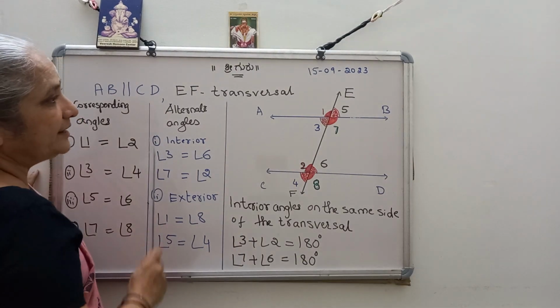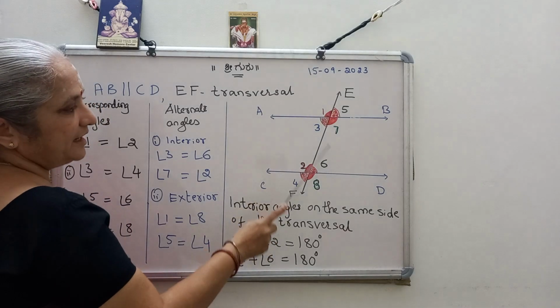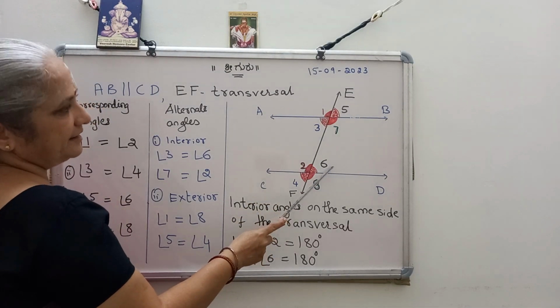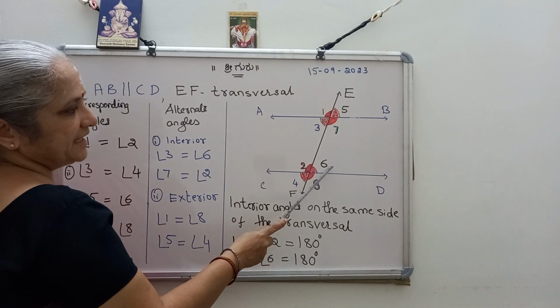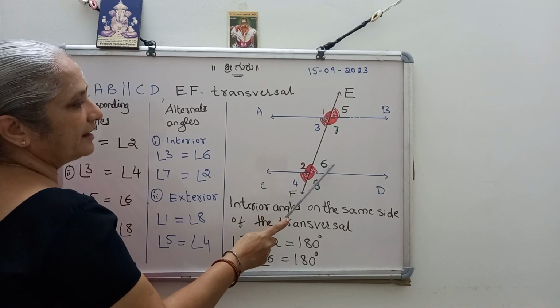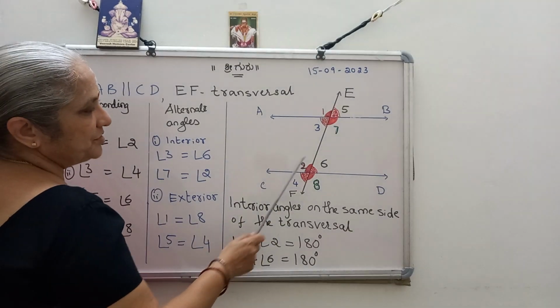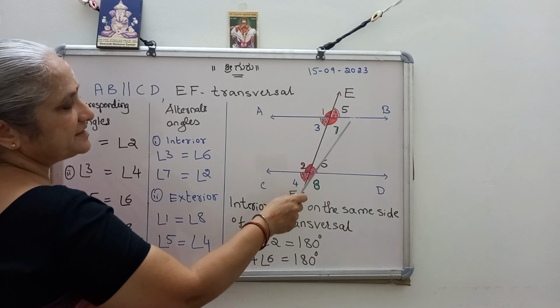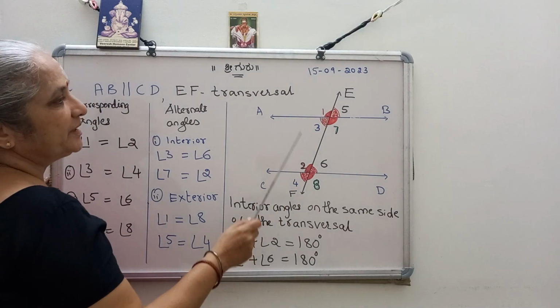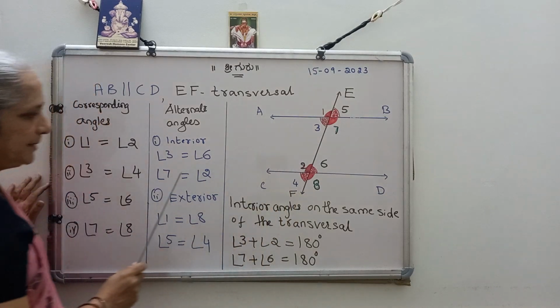And what about alternate angles? Angle 3 and angle 6 are alternate angles. They are also called interior alternate angles and they are equal. Angle 3 is equal to angle 6. Angle 2 is equal to angle 7. This is another pair of interior alternate angles, 2 and 7.